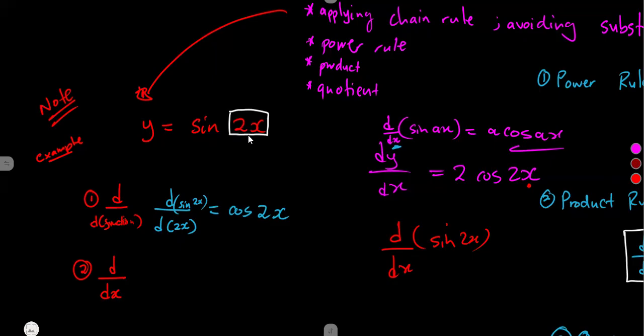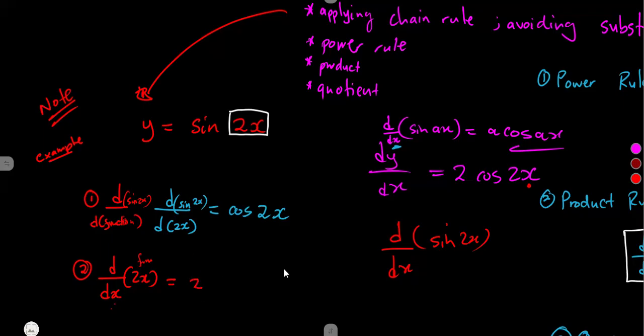That is where we can have the derivative of this 2x with respect to x. Here it was the derivative of the whole of sine 2x with respect to the function that you're given. Here is that function, the derivative of the function now with respect to x, which is going to give us a 2. You are differentiating 2x with respect to x, and you're going to get a 2.